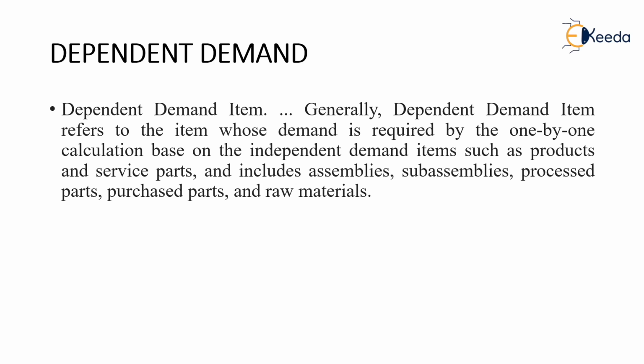If any product or any part of these sources is affected, then the entire process is generally affected, like if the unavailability of raw materials causes the next process or the production of the finished product to be affected. Hence, dependent demand is one in which if any one part is affected, the entire process is affected, and it is generally called dependent demand.